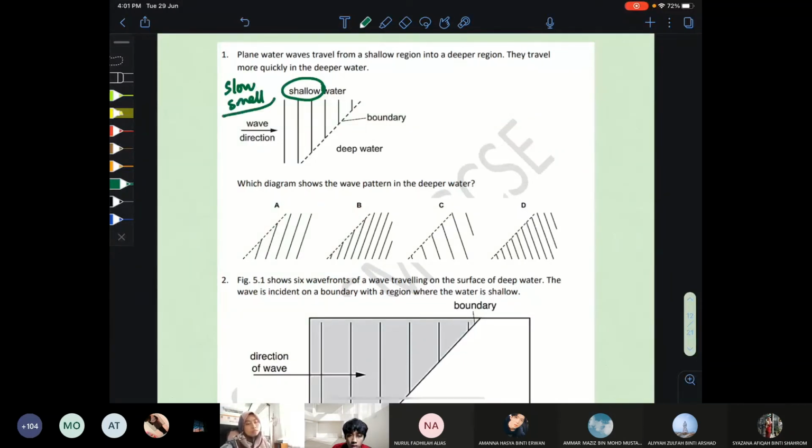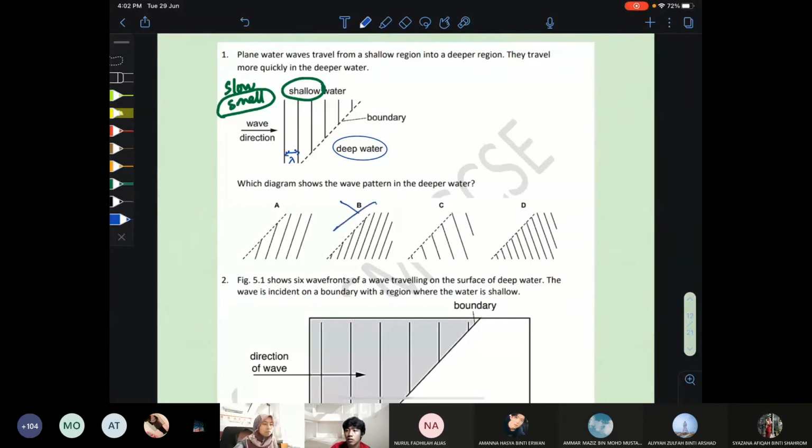Apa small tu apa? What is small here? The wavelength. So yes, wavelength. Betul? Slow, speed, small, wavelength. Shallow, small. Jadi kat sini small. Awak dah nampak dah, that's the wavelength. So dekat deep region, you must have wider wavelength kan? You must have wider, longer ataupun greater ataupun wider wavelength.